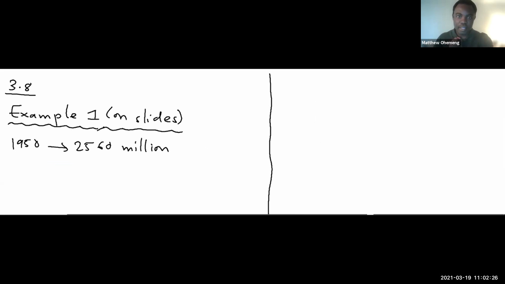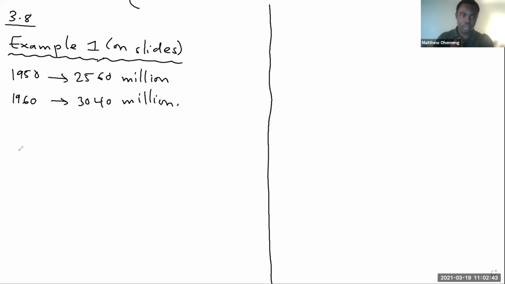And then in 1960, we have it to be 3040 million. Okay. So modeling this, our formula is given by P of t equal to P of 0 e to the kt, right?